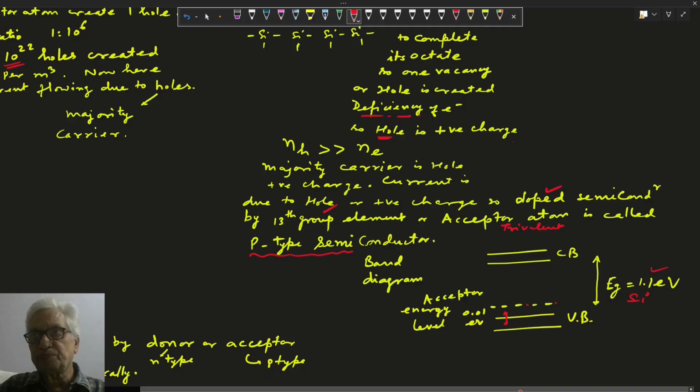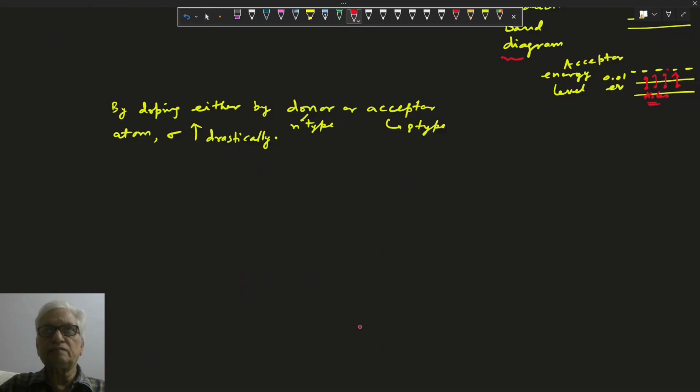When an electron jumps from the valence band to the acceptor energy level, holes are created in the valence band, and this is responsible for the current. So it is called p-type semiconductor, and this is the band diagram. It means whether you add the donor atom or acceptor atom, pentavalent or trivalent, in both cases conductivity increases drastically.